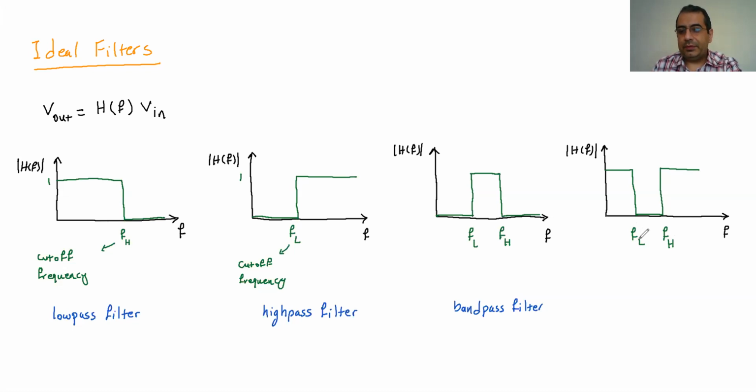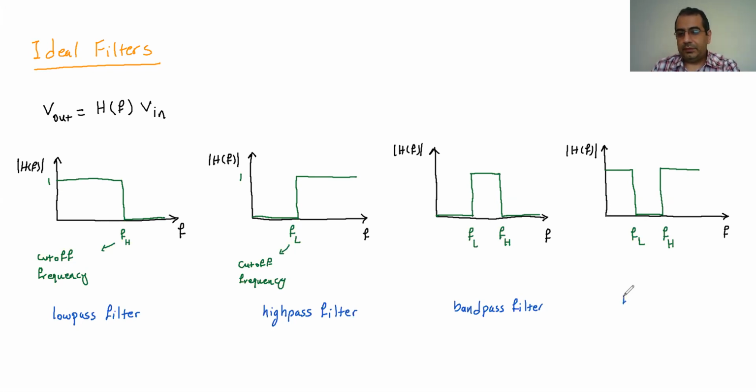The difference between this and the previous one is that it lets the signal pass if the frequency is between 0 and FL, or larger than FH. Otherwise, if the frequency is between FL and FH, it rejects it, and because of that they call it the band reject filter.